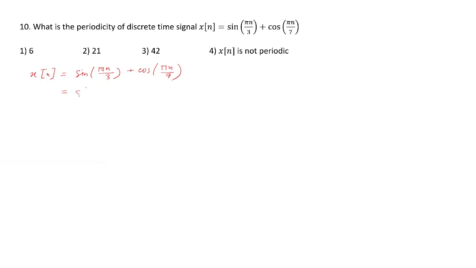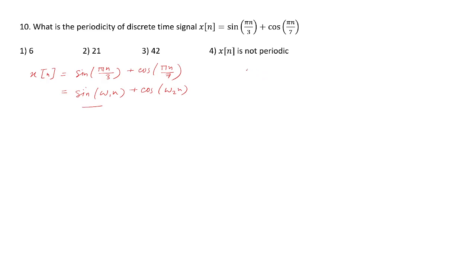Let me write this as sin(omega 1 n) plus cos(omega 2 n). Now there are two different frequency components, omega 1 and omega 2. So let me find the period of this signal first. How can we find it?